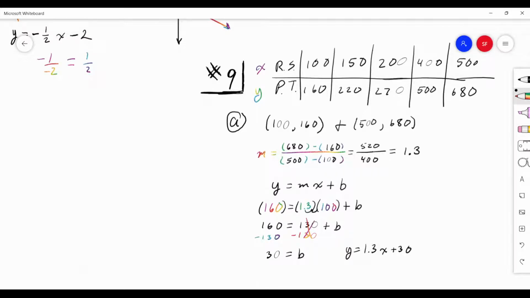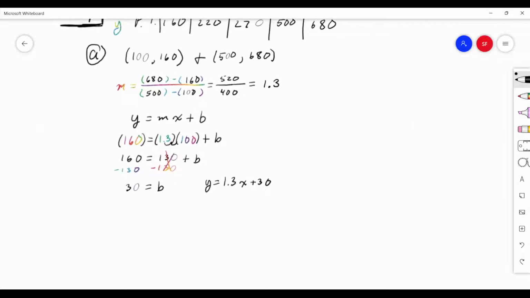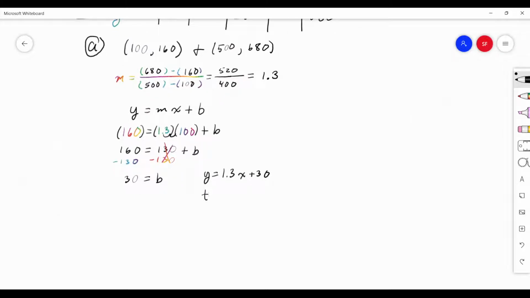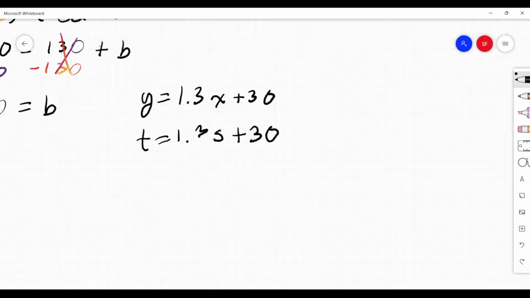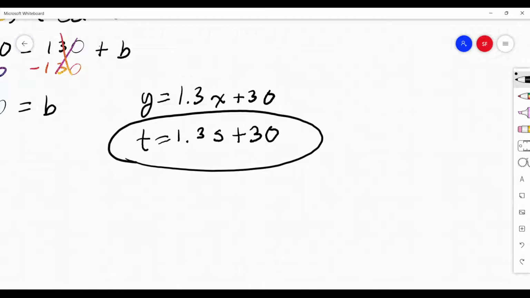Room size. So I might use something like time equals 1.3 times the size. I would not count off if you didn't do that, but it is better practice on a word problem to use meaningful variables because it helps you understand what's happening later, even though that's not what they do in the book.